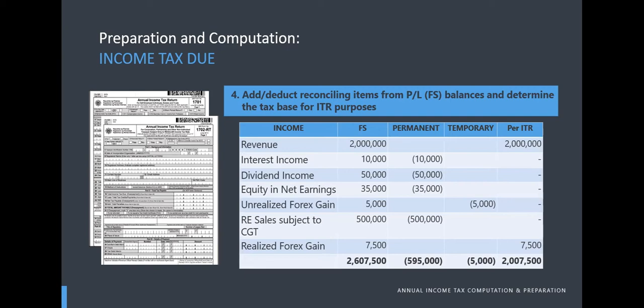As you can see in the first column, the taxpayer has a total of 2.6 gross income that is recorded in the books. However, there are certain reconciling items noted. First one is interest income.